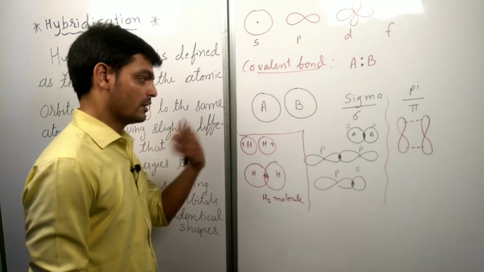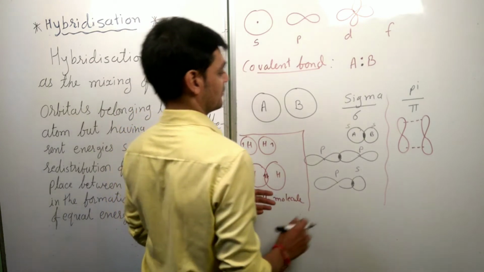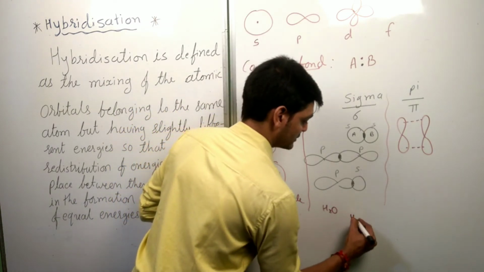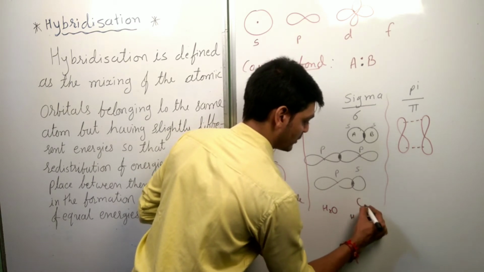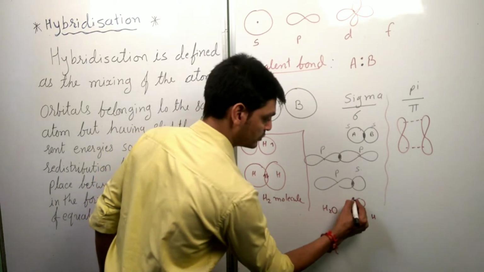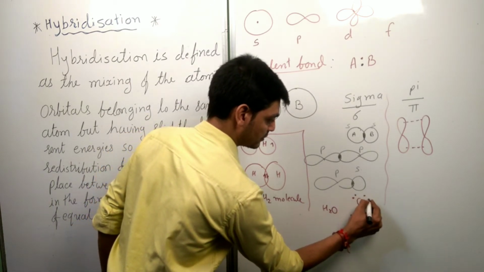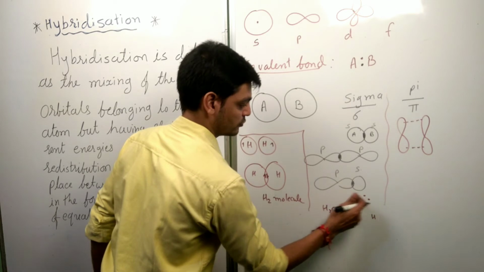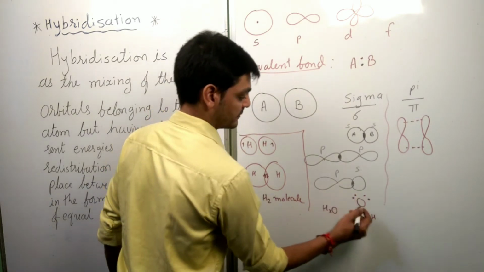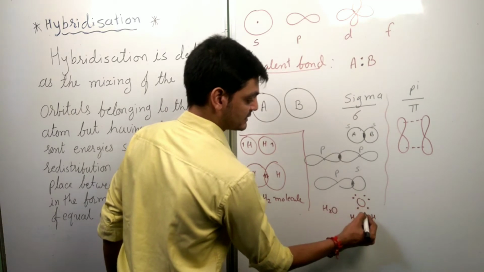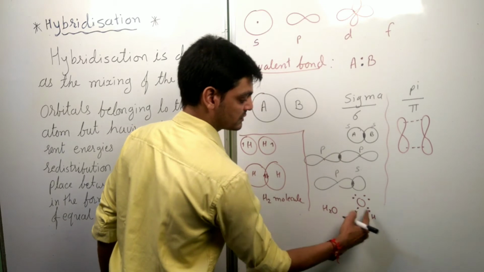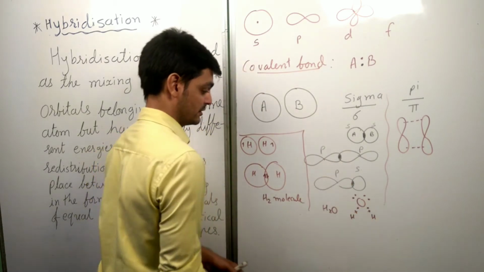But for other molecules like water, H2O, 2 hydrogens are forming a bond with oxygen. For example, this 2 electron pair, which is known as a lone pair of electrons, is of oxygen, and one electron is shared with hydrogen. These 2 crosses are the electrons of hydrogen.